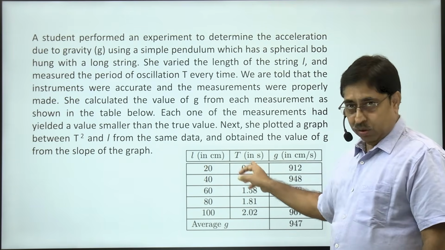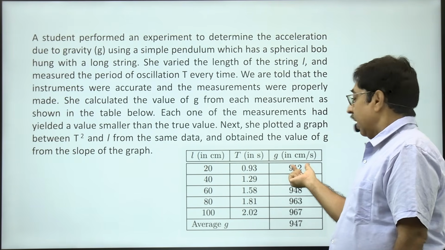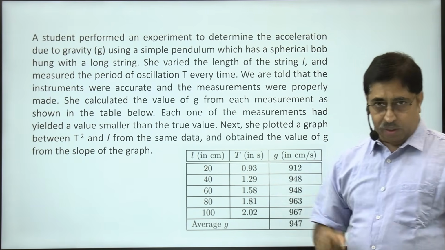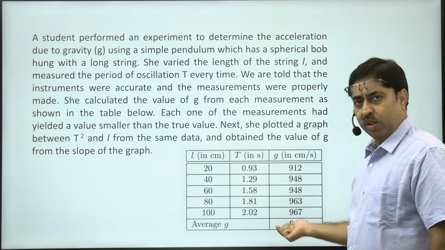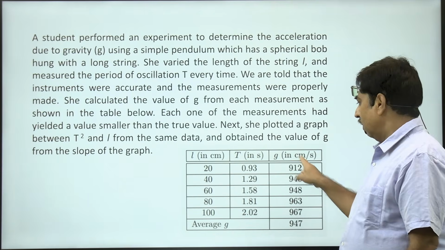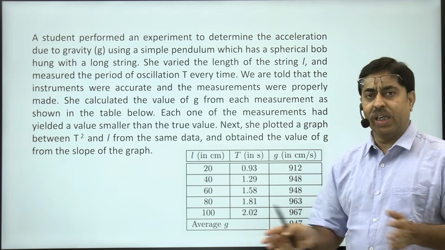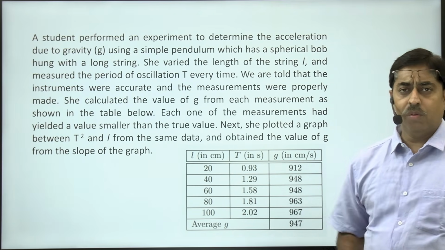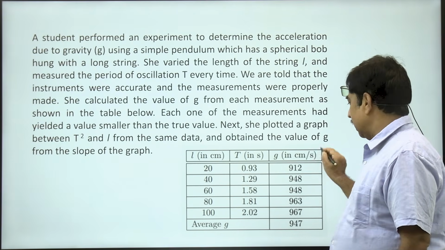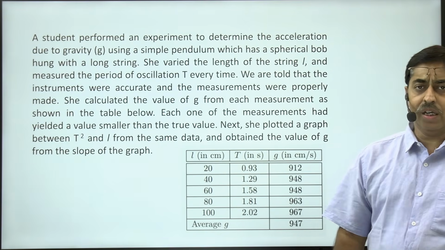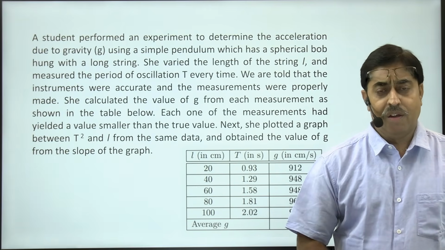Based on these pairs of values, every time acceleration due to gravity was calculated, and throughout the observations you can see that the value of g was significantly less than its true value, which is 981 centimeter per second square.